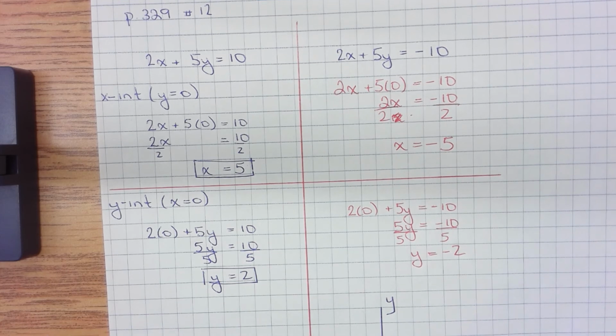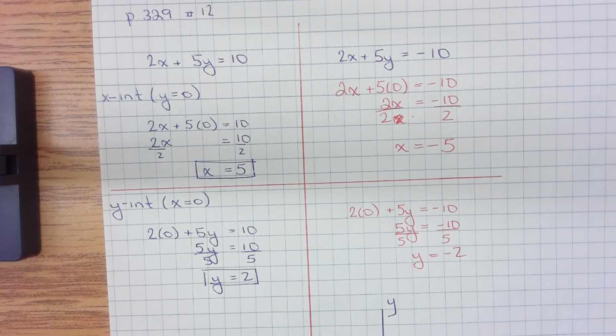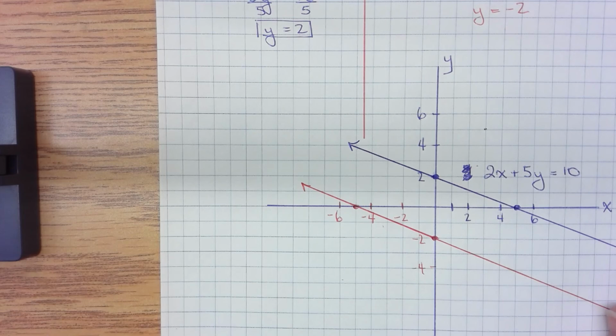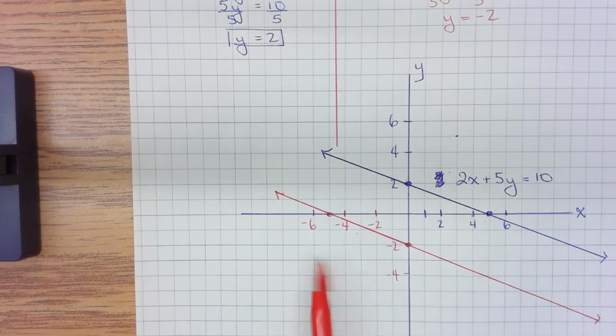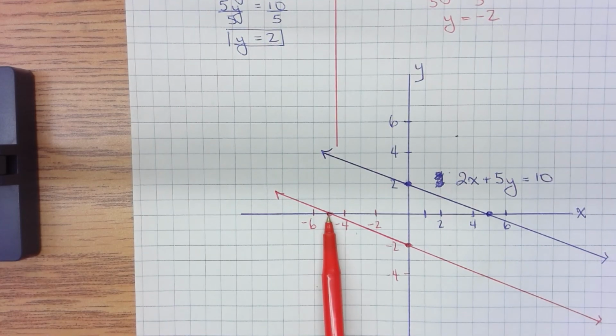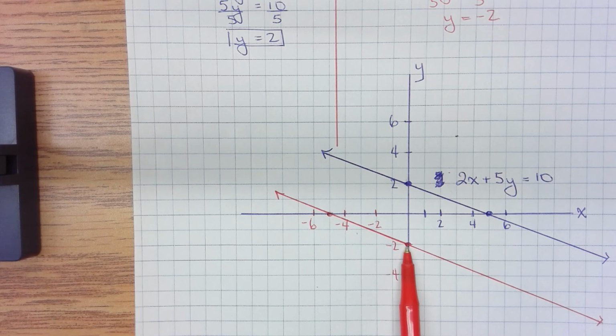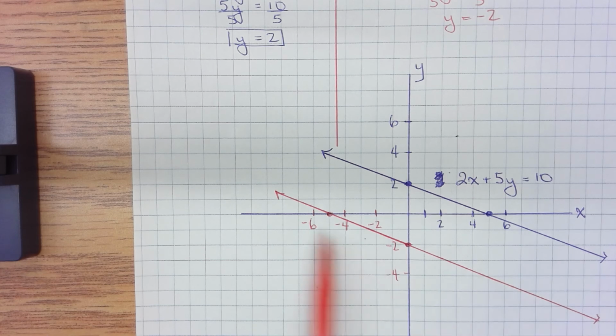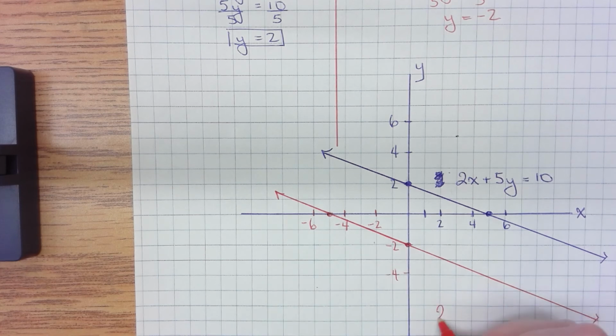When I do, this is my other line. So I knew that x was equal to negative 5, so I put my dot here. y was equal to negative 2, so I put my dot here. And so now I have that line, and this equation is 2x plus 5y equals negative 10.